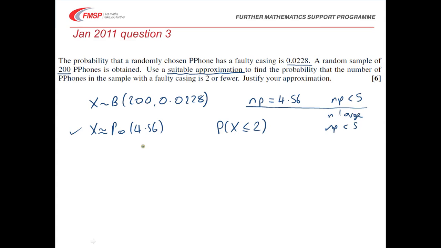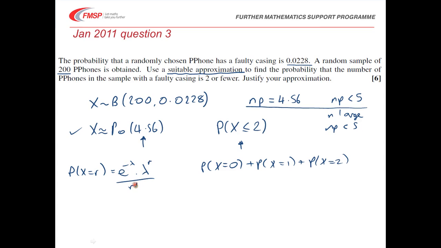Okay, so again you recognize that 4.56 is not in your Poisson table, so to calculate this we need to realize that it's the probability of X equaling 0, 1 or 2. So we've got a little bit more work to do here. Remind you of the formula. So the probability of getting a specific value is equal to e to the minus lambda, lambda to the r over r factorial.